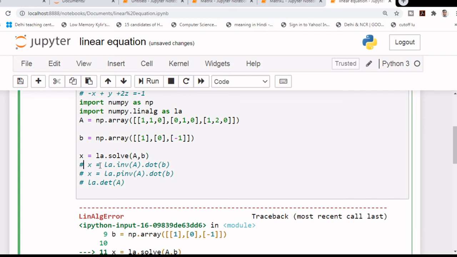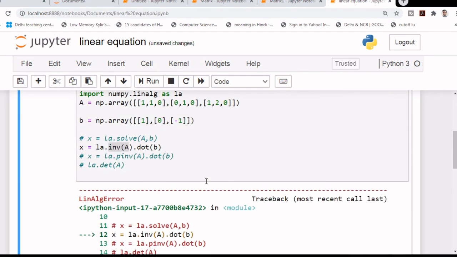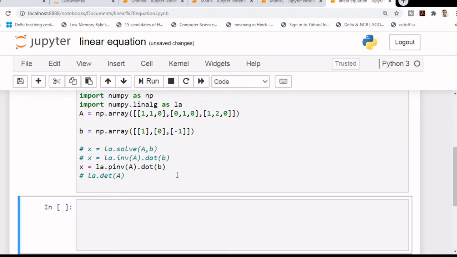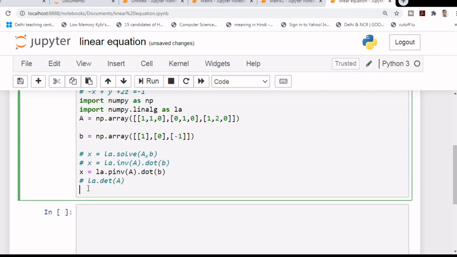Again we check whether we can use the inv method. Again it says this is a singular matrix, so we are not going to use the inverse method. Now with pinv there is no problem, so we print x.